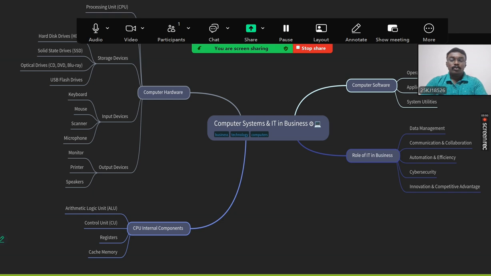Now the storage devices. We can classify the storage devices as HDD, SSD, CDs, DVDs, and USB flash drives. HDD means hard disk drives. They are the oldest form of storage devices, used to store and retrieve digital information. It has a spinning disk in which all the given instructions and data are stored.